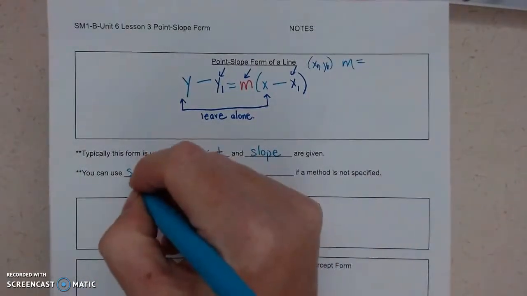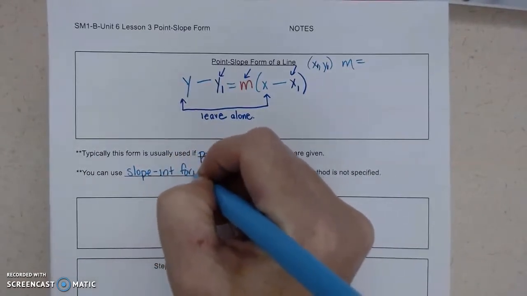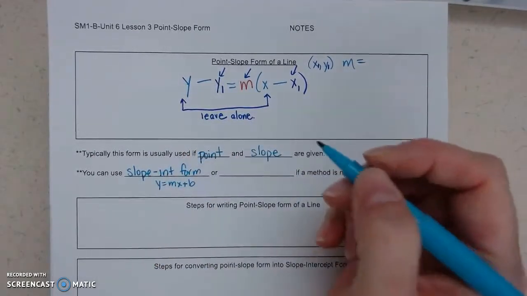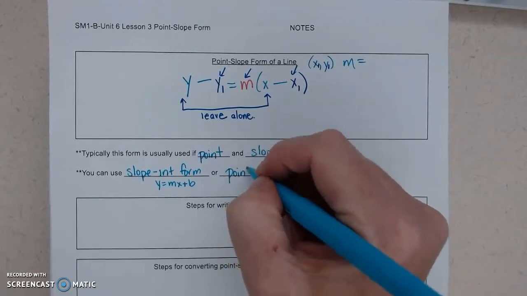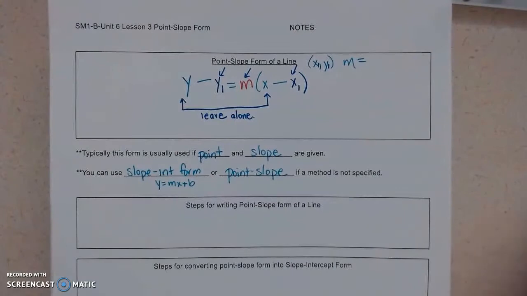You can use slope-intercept form, which was y equals mx plus b, or point-slope form if they don't tell you which one you need to use.